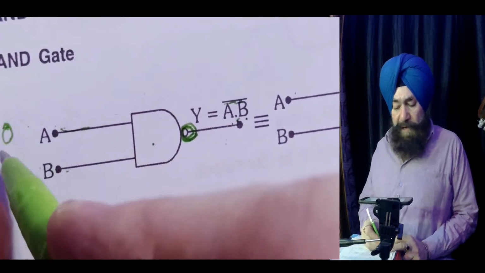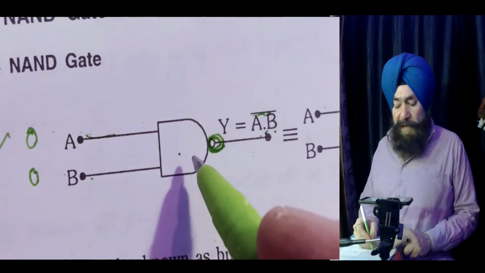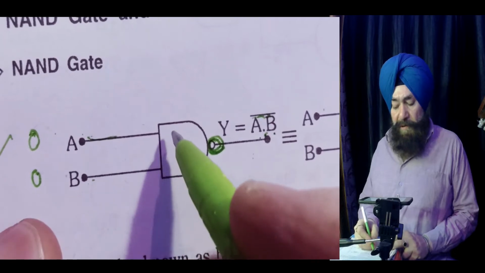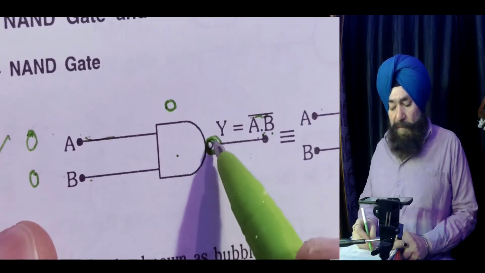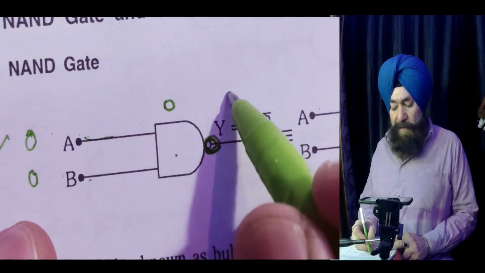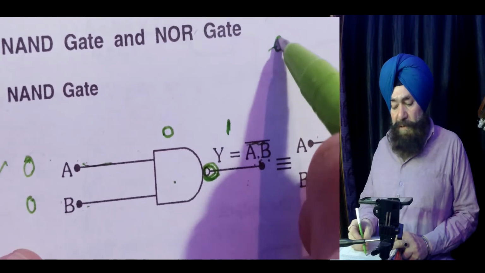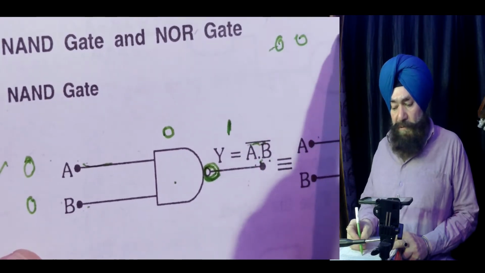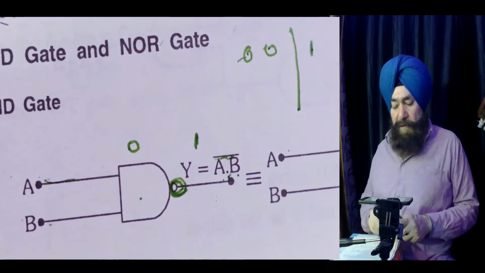If you give 0 and 0, what does the AND give? AND gives 0, and what about this NOT here? That becomes 1. So 0, 0 gives 1.